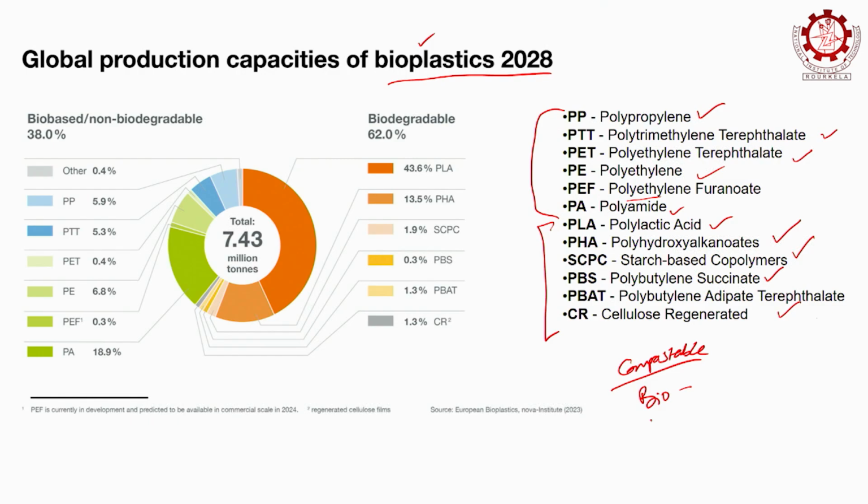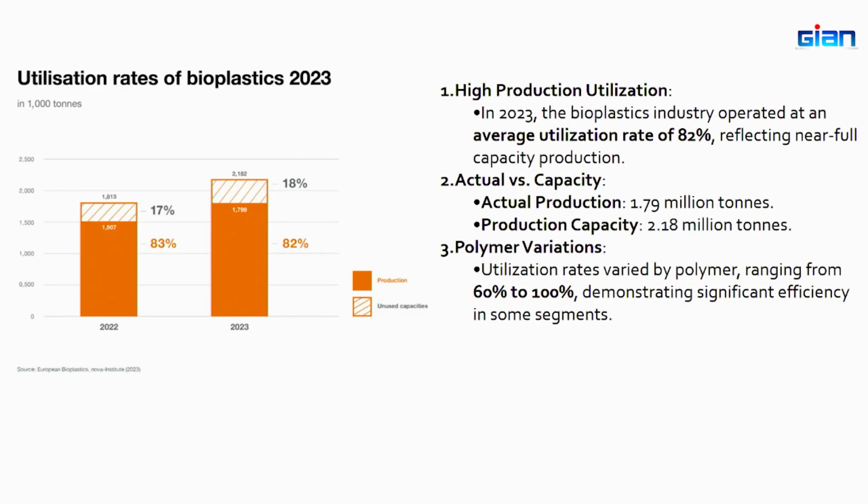Then biodegradable or non-biodegradable, which takes time, but not as much as plastic or fossil fuel based packaging material does. Utilization rate is again high, industry operates at an average utilization of 82%, nearly full capacity.